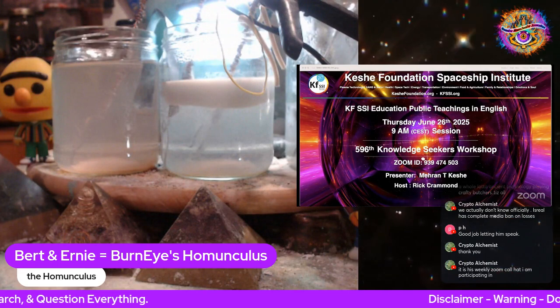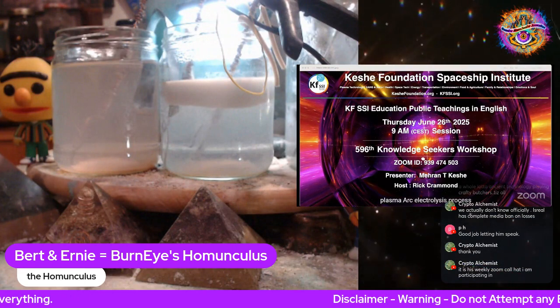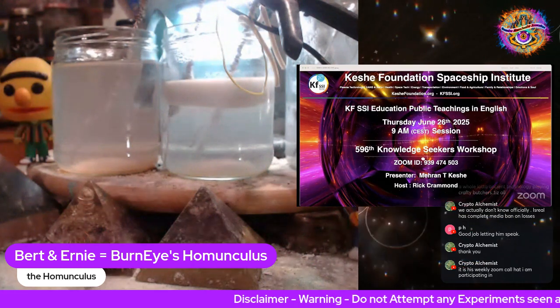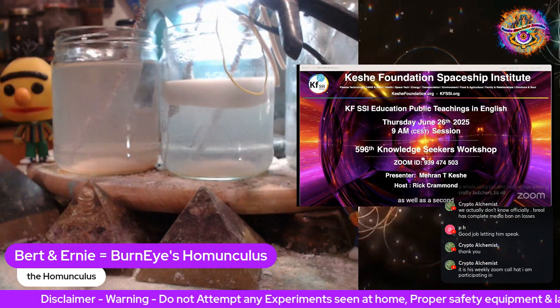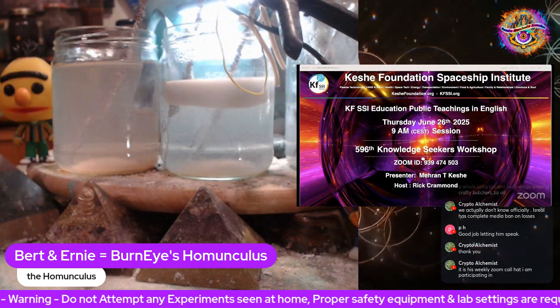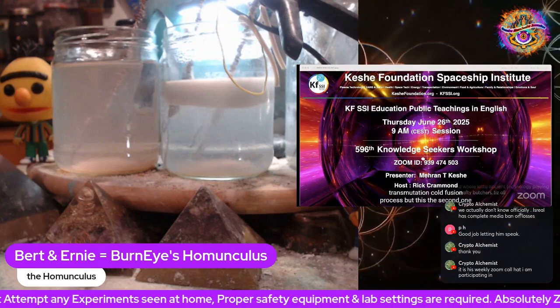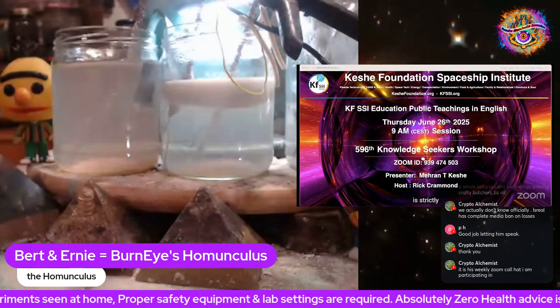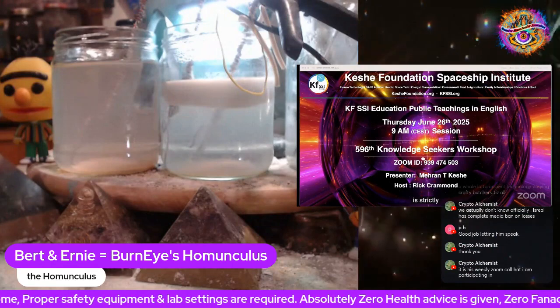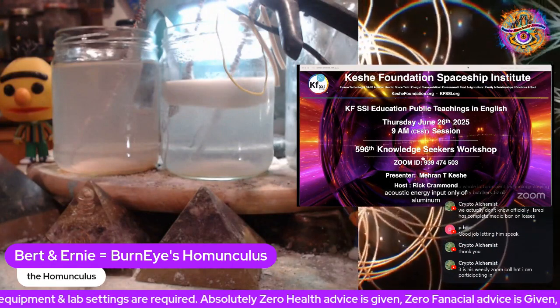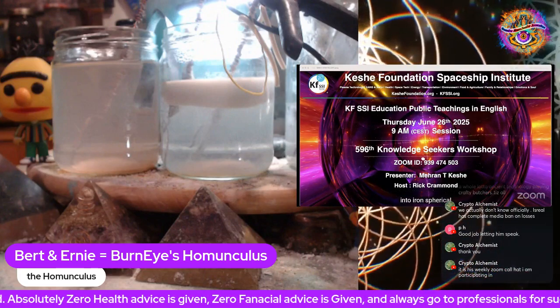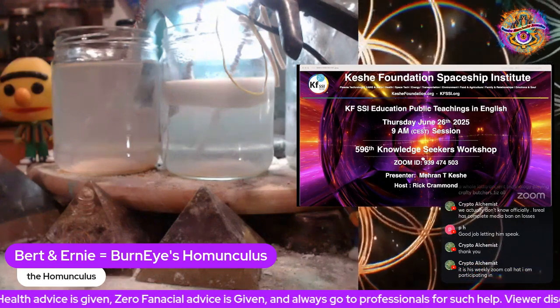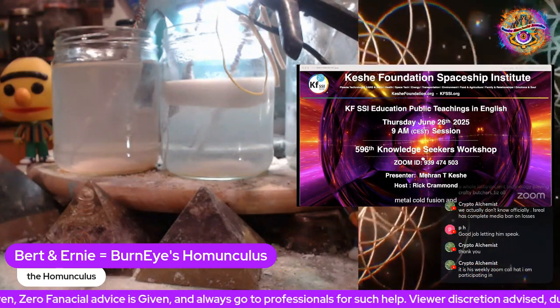white plasma arc electrolysis process, as well as a second transmutation cold fusion process, but the second one is strictly acoustic energy input only of aluminum into iron spherical metal cold fusion.